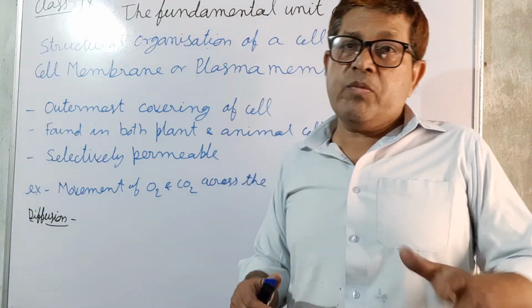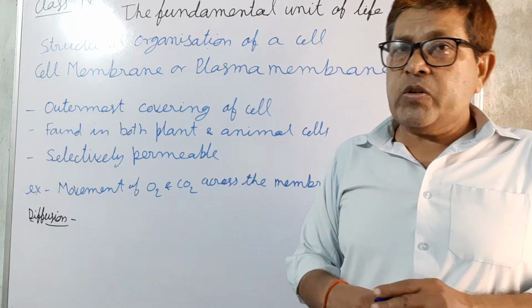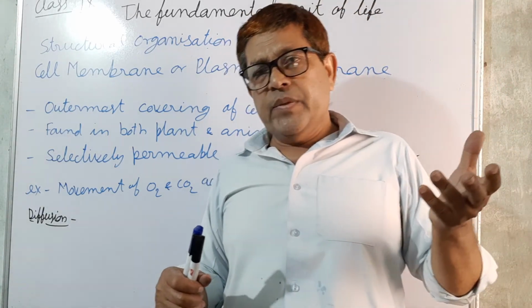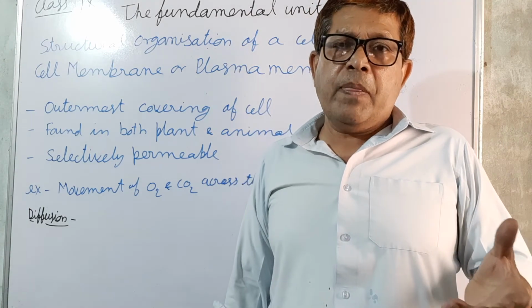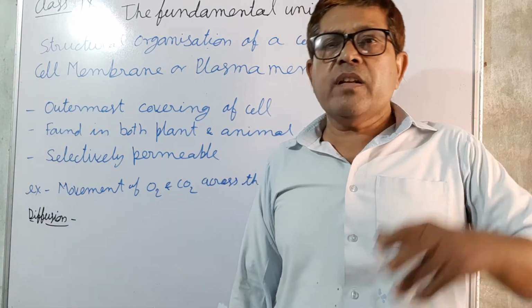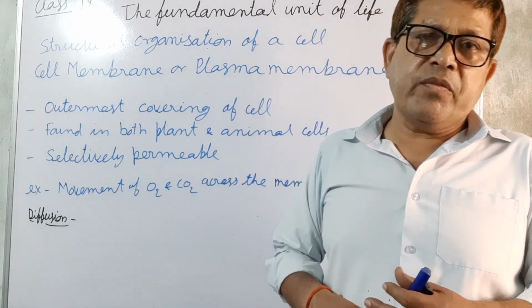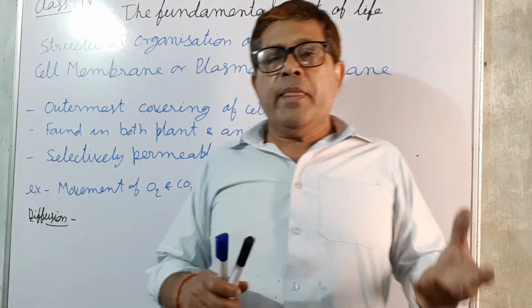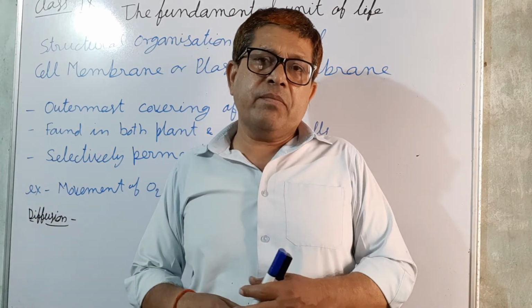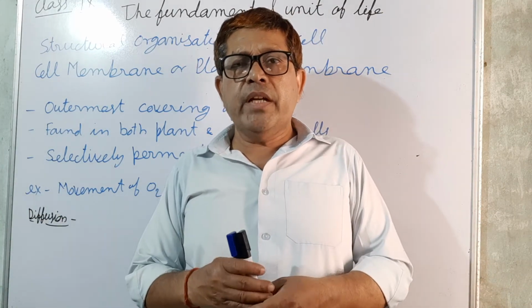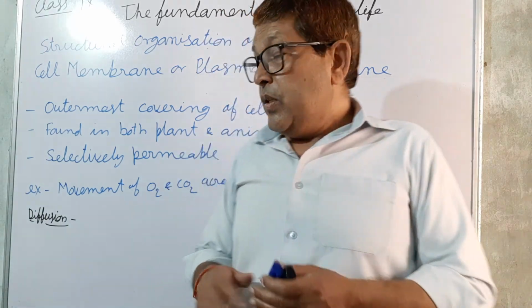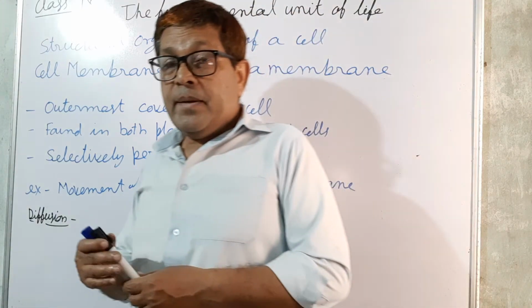We have studied diffusion in detail in chemistry. An example of diffusion: when something is cooked at your neighbor's, the smell reaches you by diffusion. If you open a bottle of scent, the smell spreads inside the entire room by diffusion.